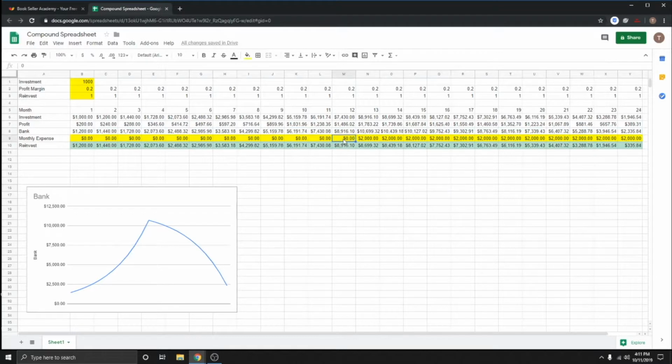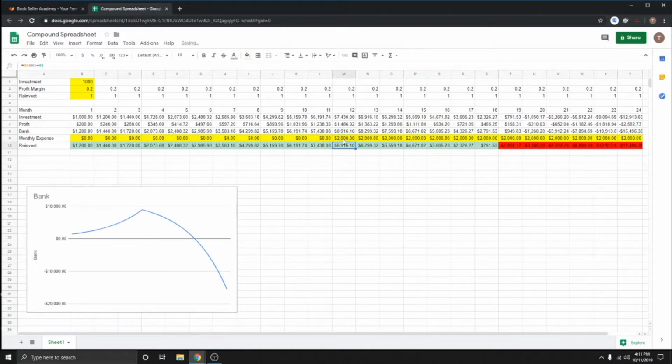You can see this graph changes as you change the conditions. I'm just changing the monthly expense. You could see here, by taking out a $2,000 pay or whatever for your expense, and you continue doing that for the next month or so, all the way up to the 24 months, you could see that it peaks up and then you start losing money from your bank.